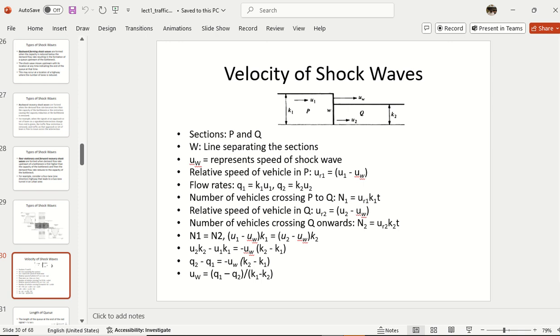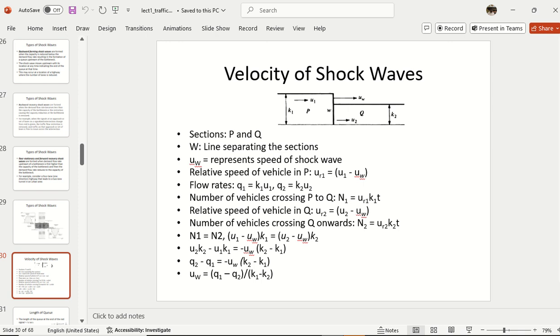We had u1 here and u2 here, the average speeds, and the densities here and here. Using them we were trying to calculate the equation for the velocity of the shock wave. So we use the number of vehicles going from here to here and then moving forward.